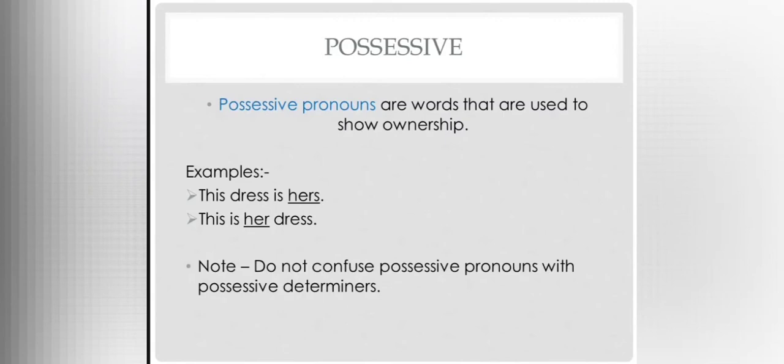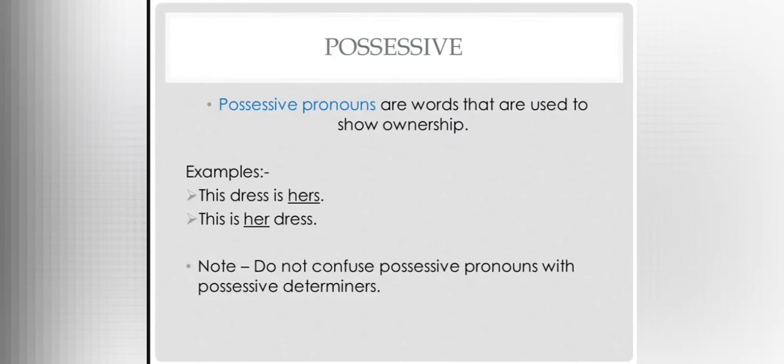Before moving to examples, we must see that the note below is telling us not to confuse possessive pronouns and determiners. In the first sentence, this dress is hers. So in this, hers is a possessive pronoun. Whereas in the second sentence, this is her dress. In this, her is the possessive determiner.